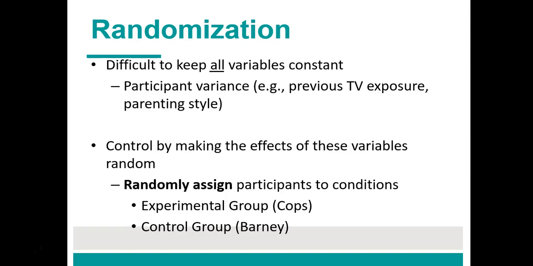And in that way, my goal is that I randomly kind of control all the participant variance, meaning by doing this in a random way, I should have just as many people with a high IQ in one group as a high IQ in the other group, and just as many people with lower IQs in one group and lower IQs in the other group, and just as many people who watch lots of TV in the COPS group as the Barney group, and just as many people who watch very little TV in the COPS group and the Barney group. And I'm trying to randomly kind of equal out all these participant variables, right?